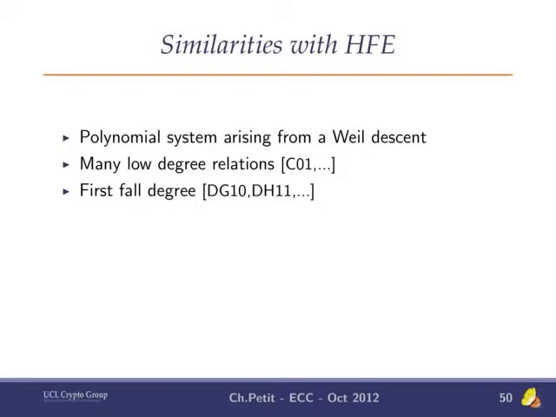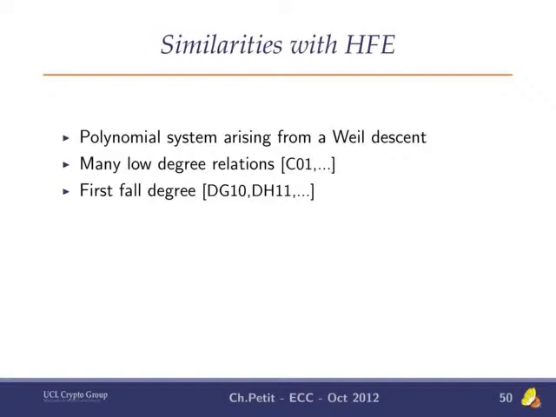Other similarities with HFE, which I think are interesting, is that it's a polynomial system arising from a Weil descent. You have many low-degree equations, which was already observed a long time ago by Courtois for HFE.